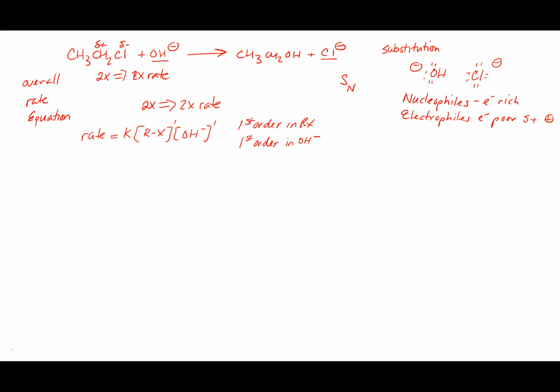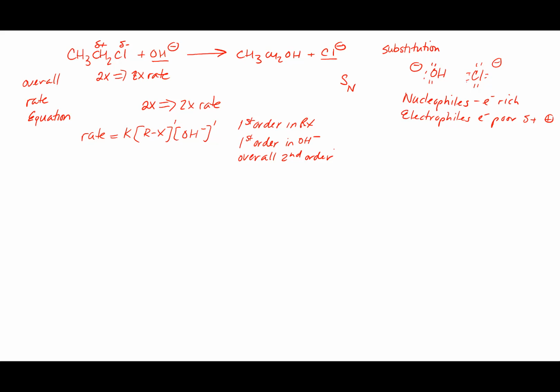Second order? Because when you add the 2 orders together, you get the overall order. So overall, this is second order. Now, that's going to tell me a little bit about the mechanism. Right. So everybody with me so far?